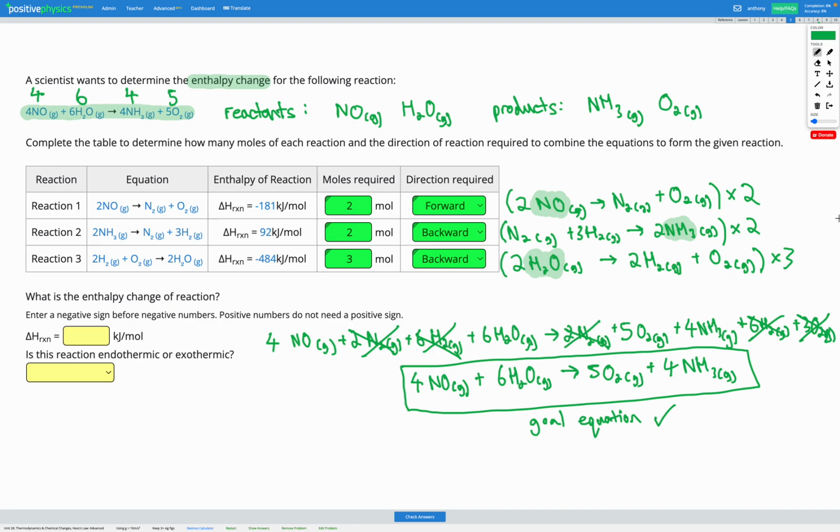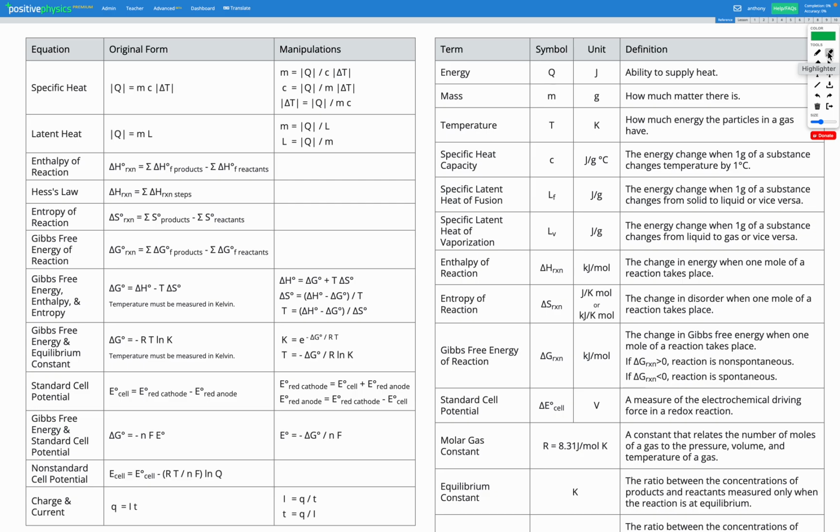Now we're ready to go ahead and find our enthalpy change of reaction. Again, we're going to use the Hess's law equation to do that. So let's go to our reference sheet. Here's Hess's law. The enthalpy change of reaction is equal to the sum of the enthalpy change of reaction of the steps.